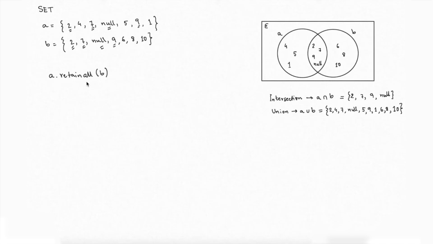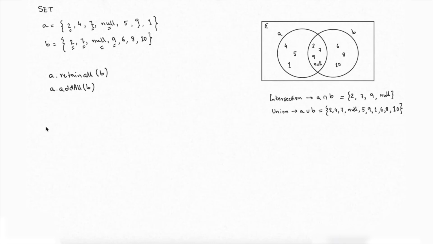What this does is it retains all the elements of A and B that are present in both of these sets, which essentially is the intersection between A and B. And if we do addAll, this would add all the elements of B to A. But since this is a set, it would not have any duplicates. So all the duplicates would be removed and we will be left with the union of A and B.